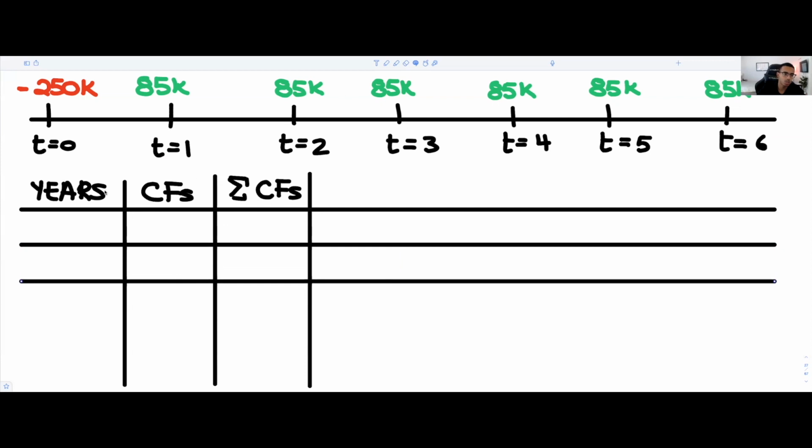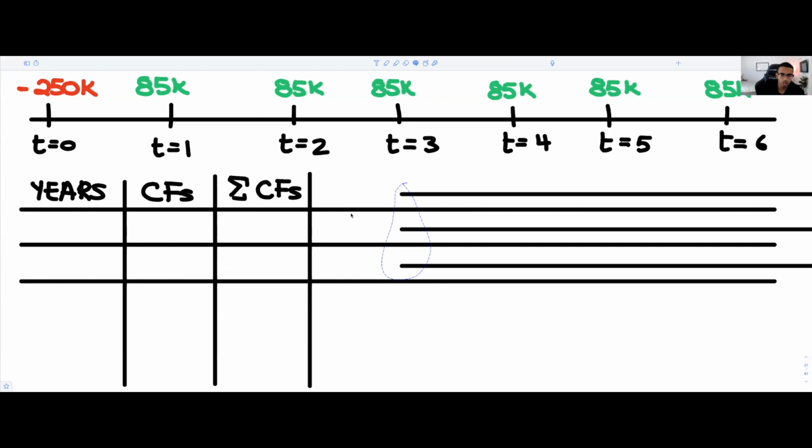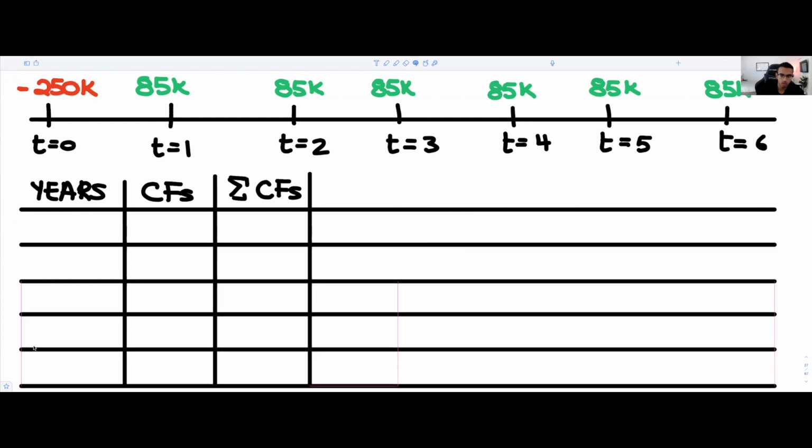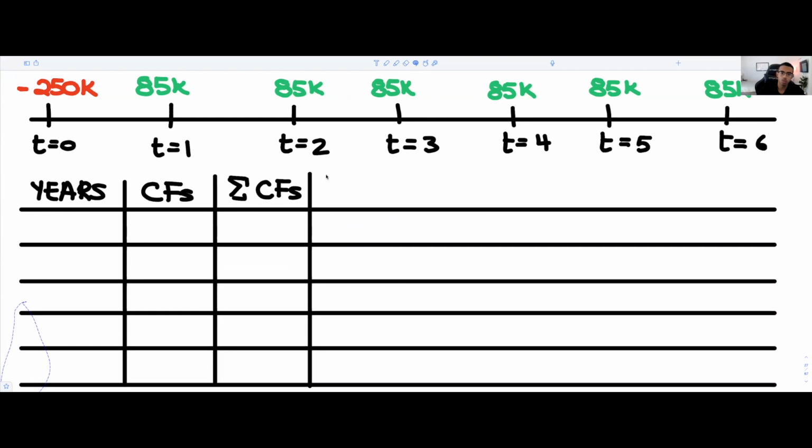Actually, there's probably a more efficient way of going about this. Do this. Then choose these three. Place them right here. Cool. So let's go ahead and write our years. We'll start with 0, 1, 2, 3, 4.